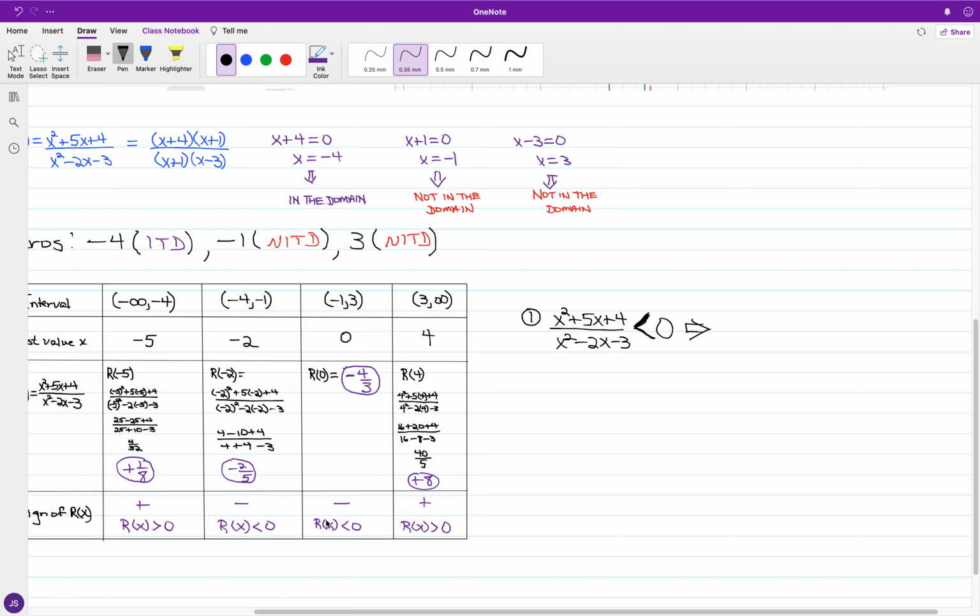Okay. So where we have less than 0, again, there's no equal sign, so we're going to have the exclusive use of parentheses.